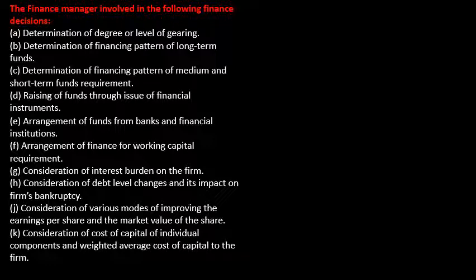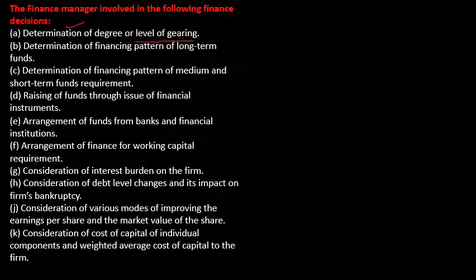Determination of degree or level of gearing. The level of gearing, again, is a combination of debt and equity. The balance between debt and equity has to be determined, the proportion of debt and equity.